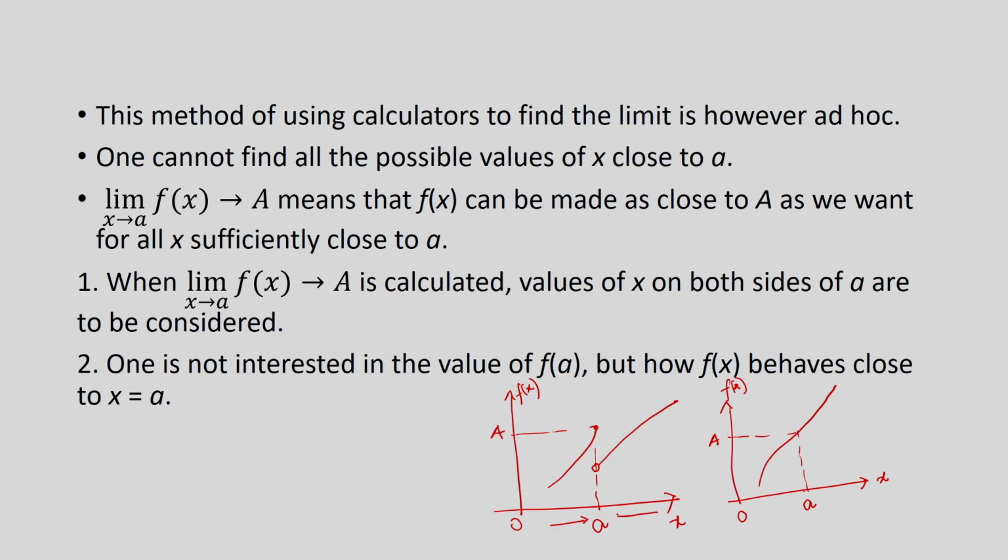But from the right hand side, this is not true, because you cannot make the value of the function as close to capital A as possible, because as you can see that there is a gap. So, we say that the limit does not exist at this particular value of x equal to a.